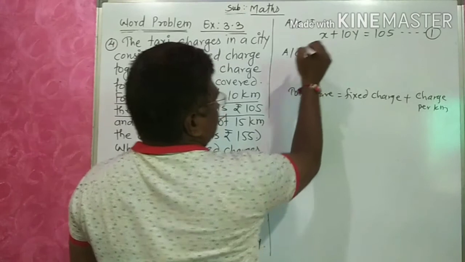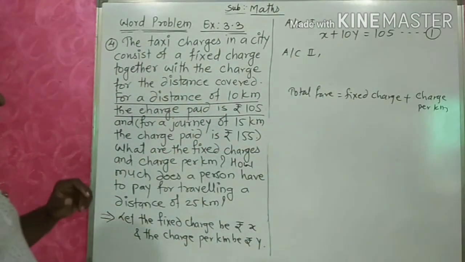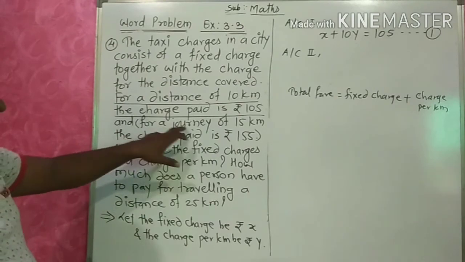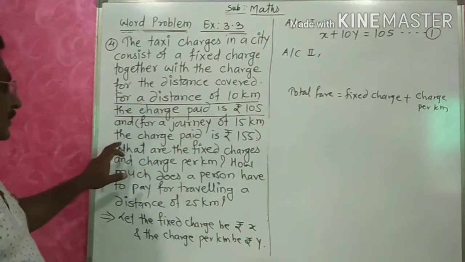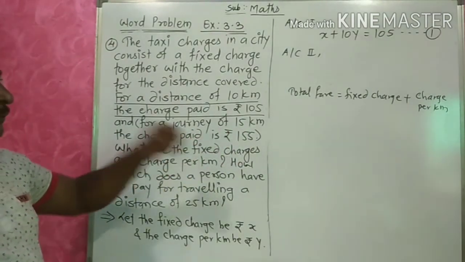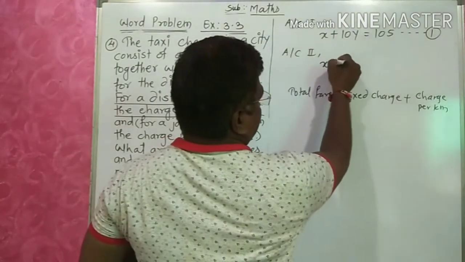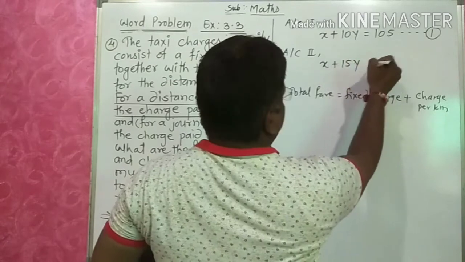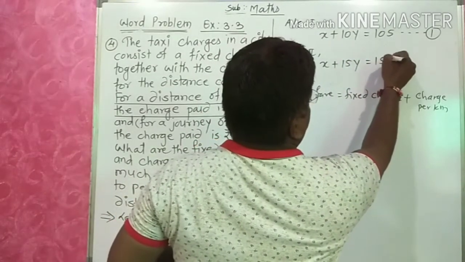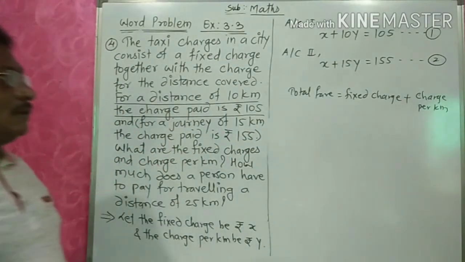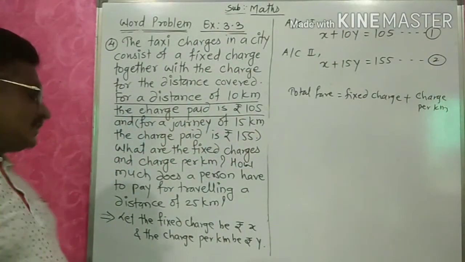According to condition 2, a journey of 15 kilometers, the charge paid is rupees 155. So x + 15y = 155. Equation 2.